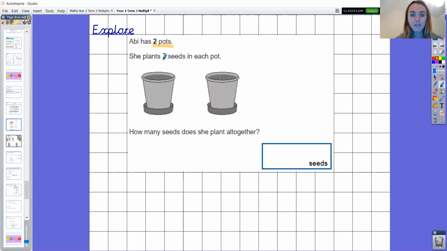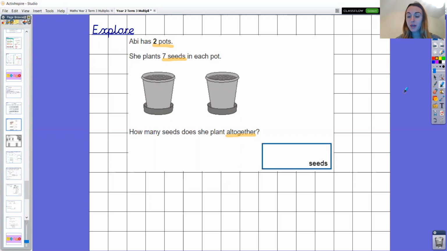She plants 7 seeds in each pot. So 7 seeds, I think that's going to be some important information. So far, I'm thinking that I'm going to find the product of 2 and 7. And the question is asking us, how many seeds does she plant altogether? So the word altogether shares with us that we are going to be finding the total amount.